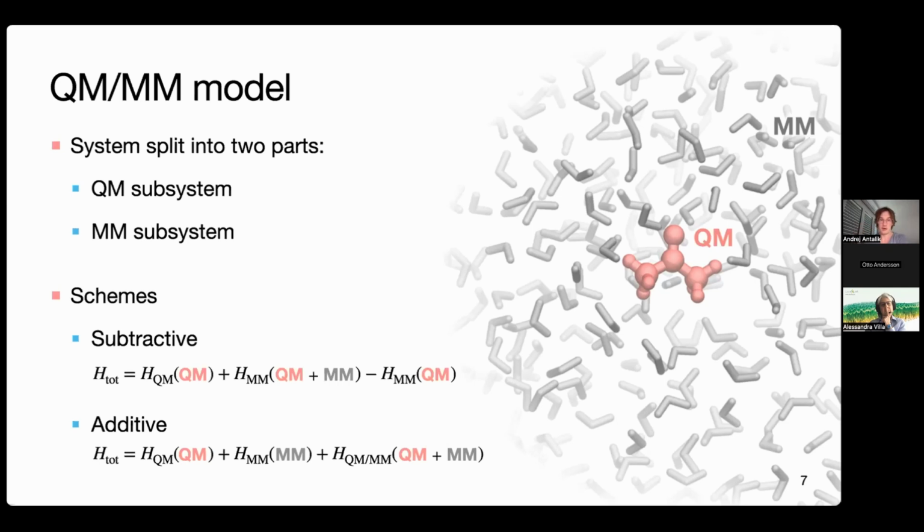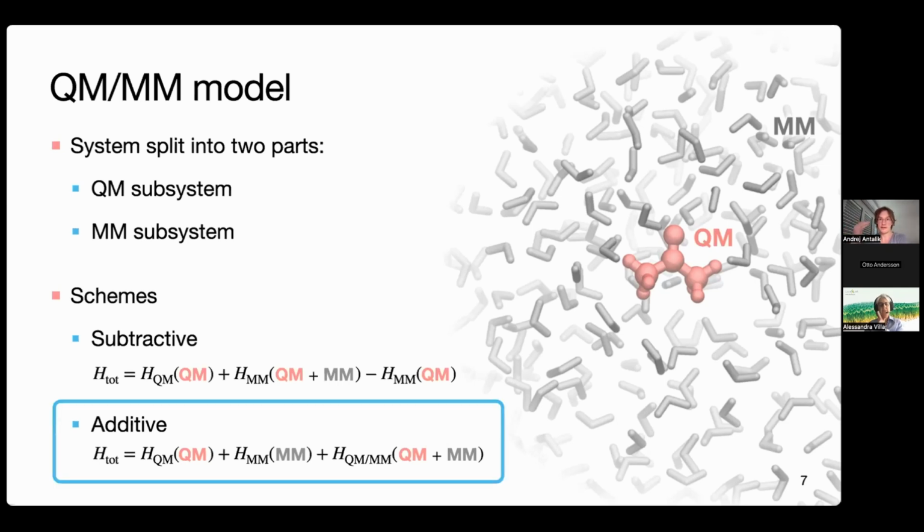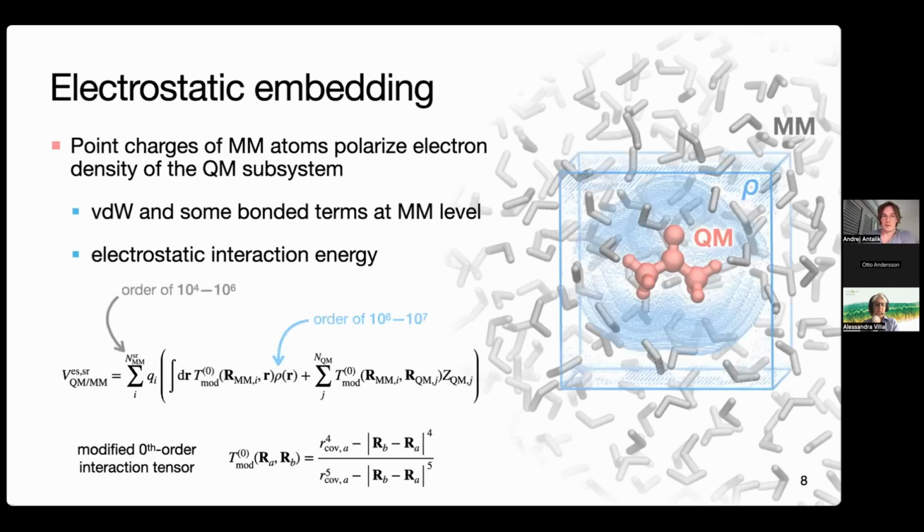The different approach that we implement in MiMiC is this additive scheme, where you evaluate the contributions of these individual subsystems and then compute the interactions between them. There are different ways how you can account for these interactions, but the one that we have at the moment is somewhere in the middle in terms of closeness to the physical reality.